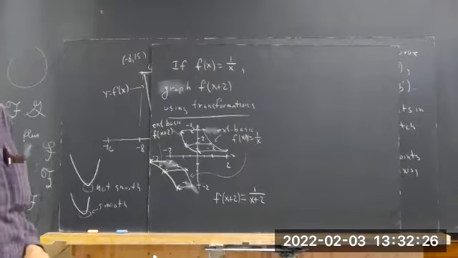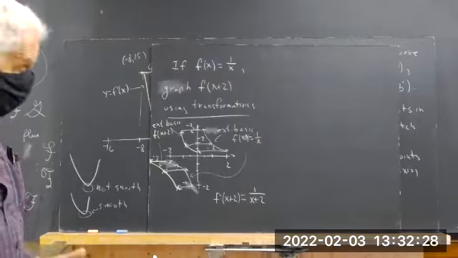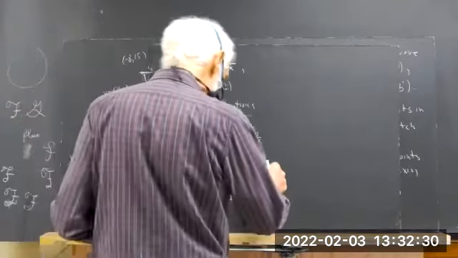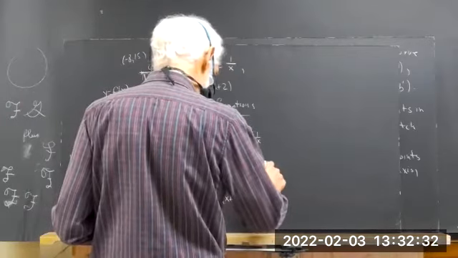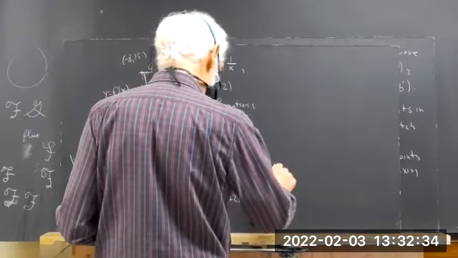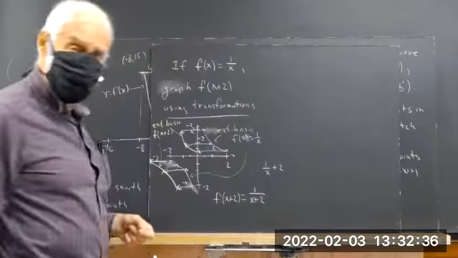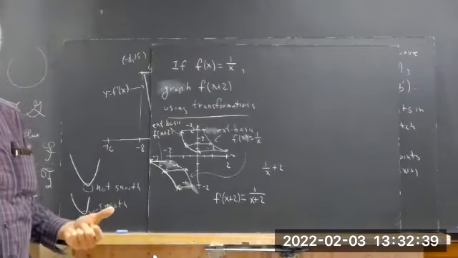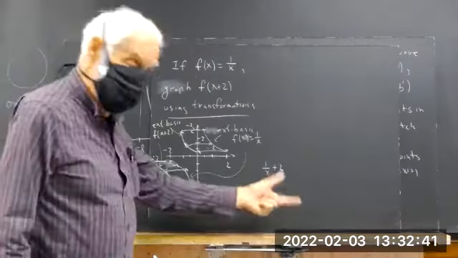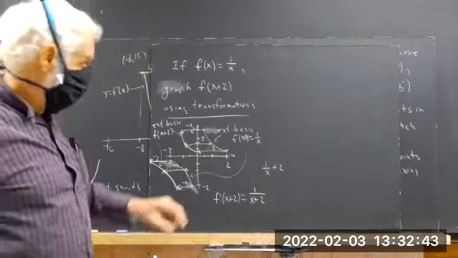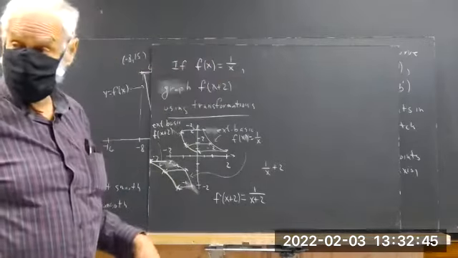Now, a lot of you almost wrote this correctly. I saw at least 2 or 3 cases where people wrote 1 over x plus 2. Do you understand what's wrong with that? There's something right about it because you're trying to do the right thing, but you're not putting x plus 2 where x was.